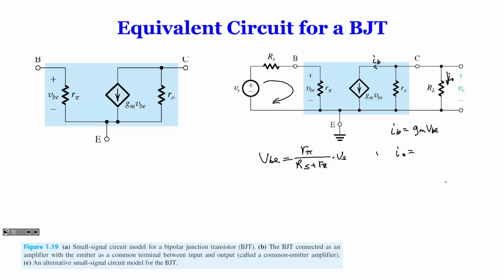If it's a current divider, we can write the current as the resistance of the other branch over the other branch's resistance plus its own resistance, times GM VBE, or times IB, right? So that's the same thing here.